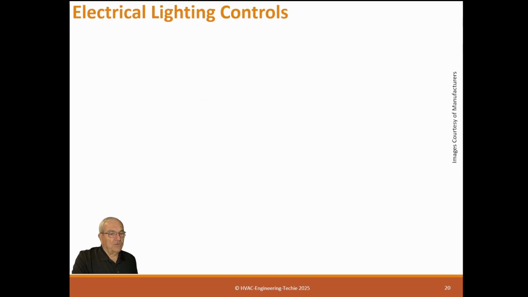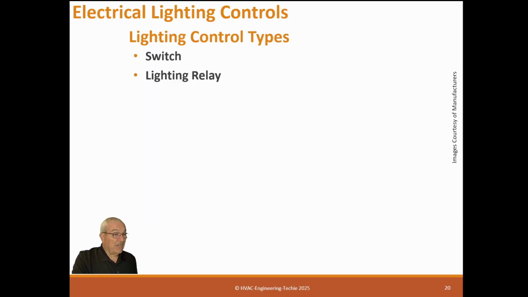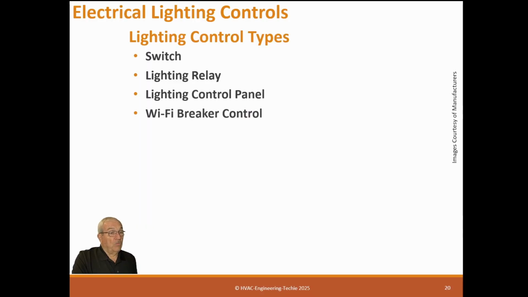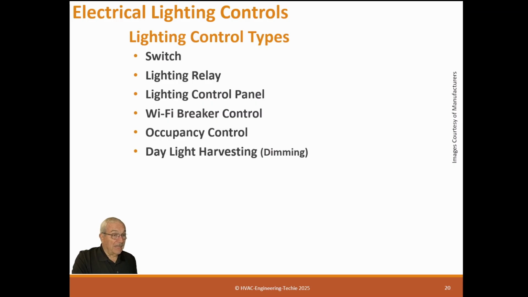So lighting control. This is the other thing we have to worry about in lighting, is there's normally some kind of control system. They can be controlled from the switch. You can control from a lighting relay. They can be controlled from a lighting control panel. You can have a Wi-Fi breaker control, so you can have basically wireless control of lights. You can have occupancy control, so it's controlled when it's occupied and not occupied.